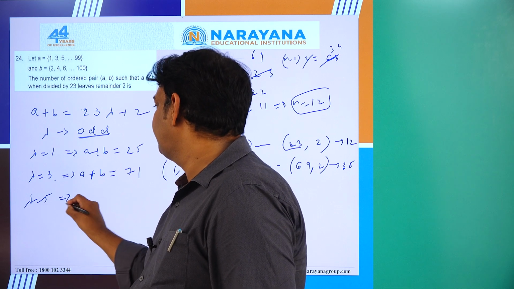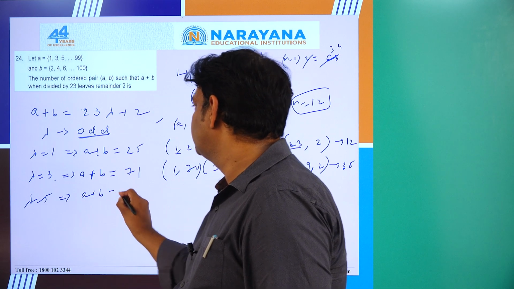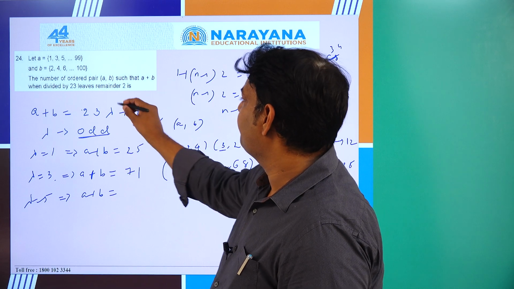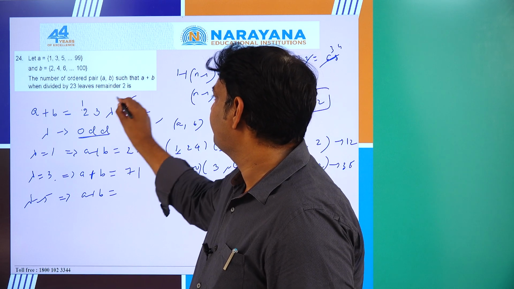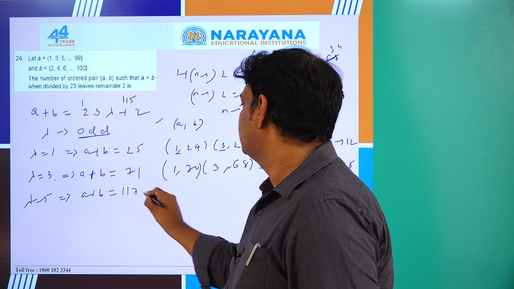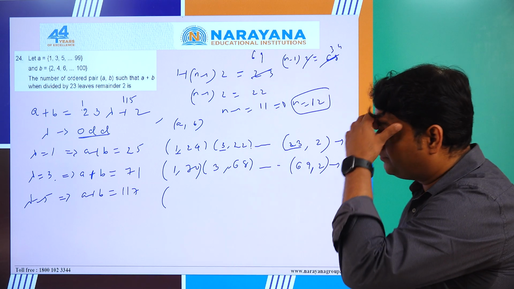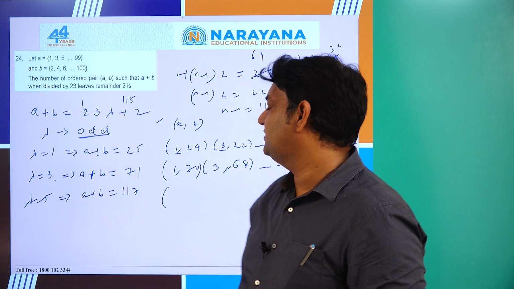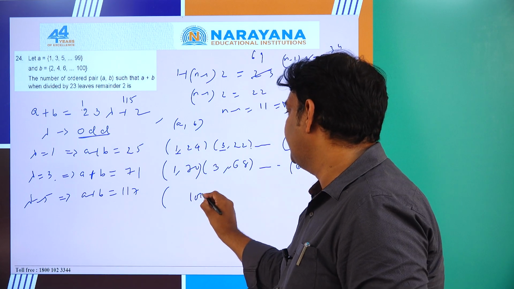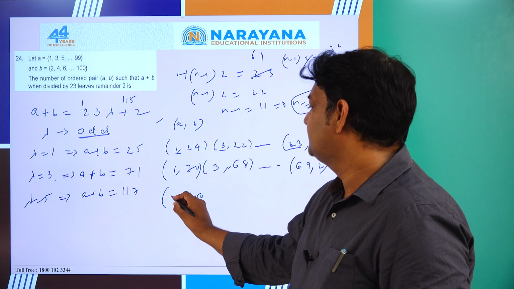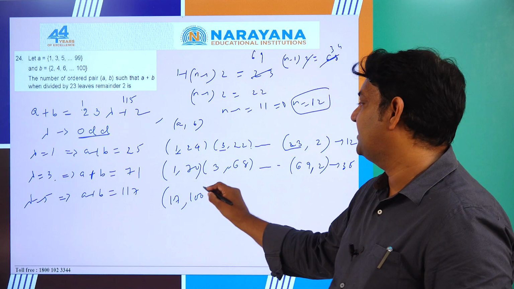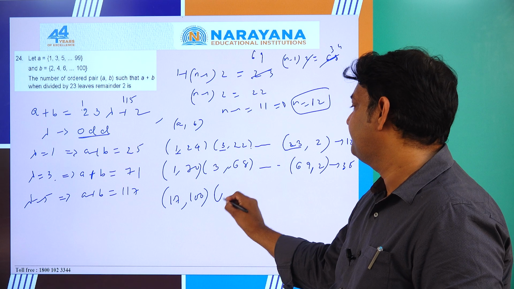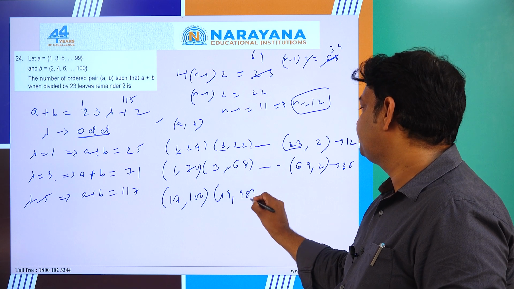Now go for lambda is 5. A plus B is 117. Can I take A as 1? No. 2? No. Because the biggest possible value is 100, so here you take the biggest possible value of B as 100, so A should be 17. Starting with 17, 100, then 19, 98.